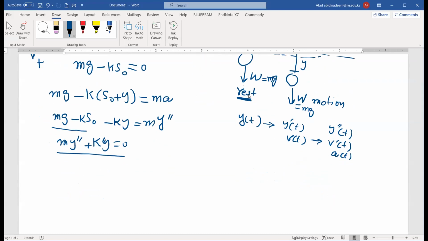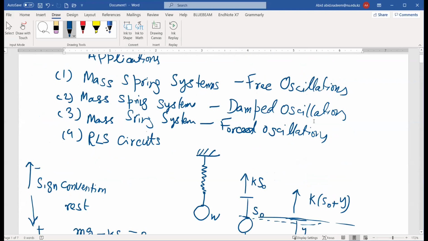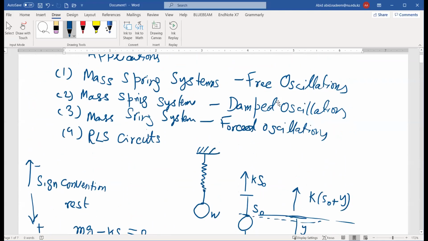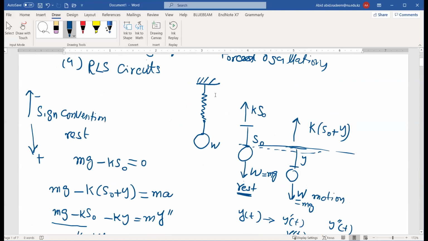In the case of a mass spring system with damped oscillation, there is a damping force. Remember that free oscillation is a highly hypothetical situation. In all practical situations, any spring will have some effect which tries to resist the motion.